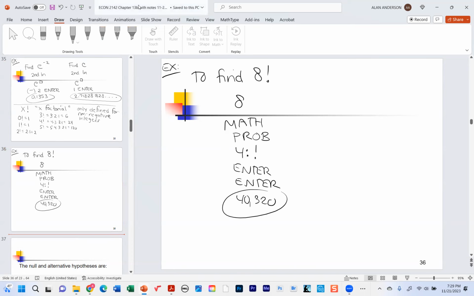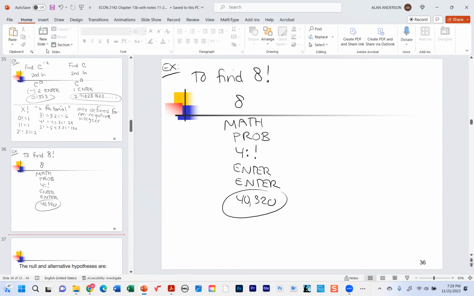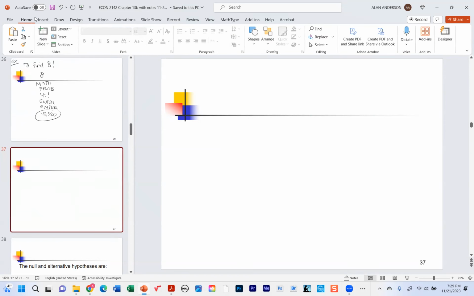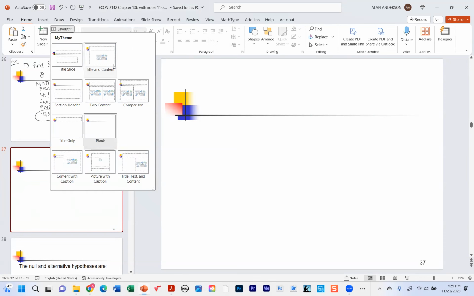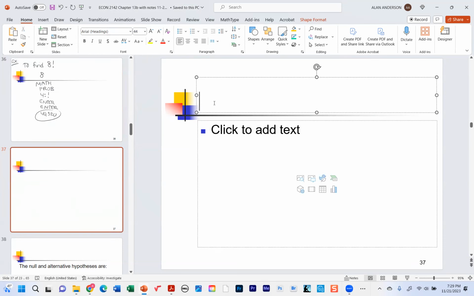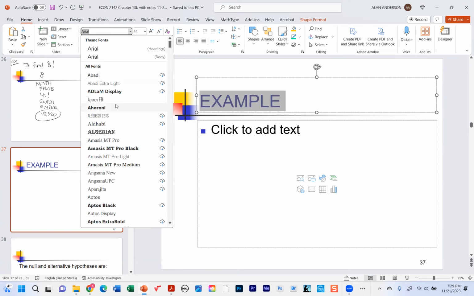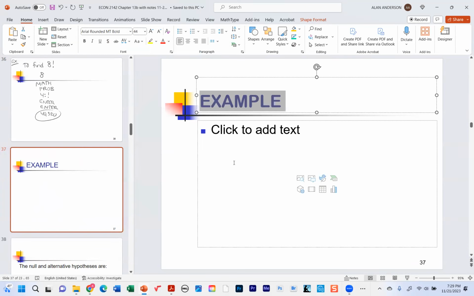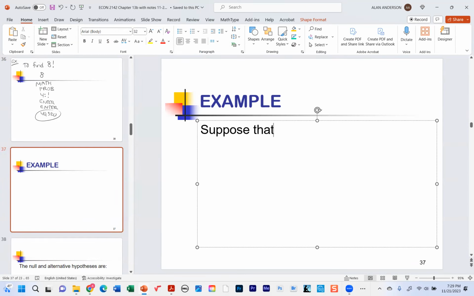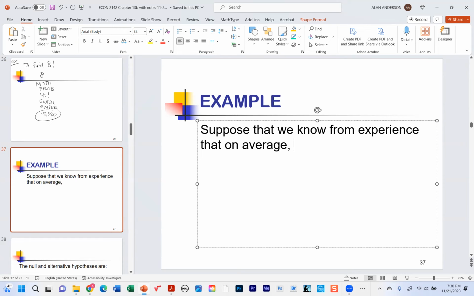Let's say that suppose that we know from experience that on average, 5 ships sail under the Brooklyn Bridge every hour.